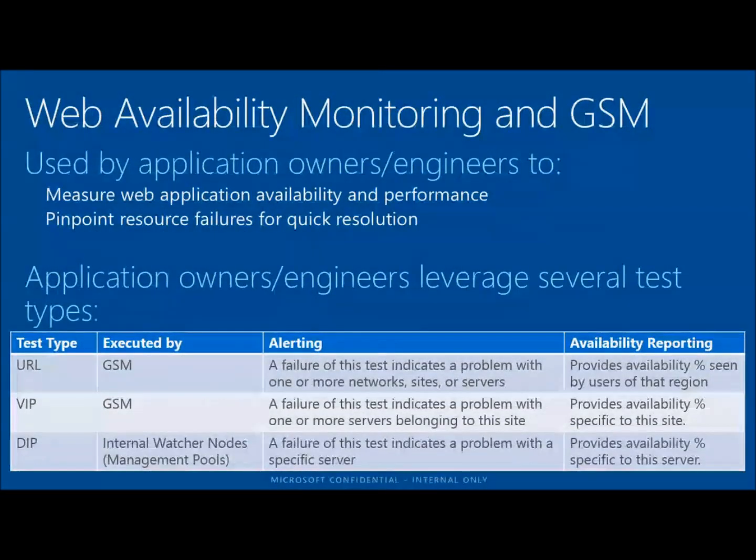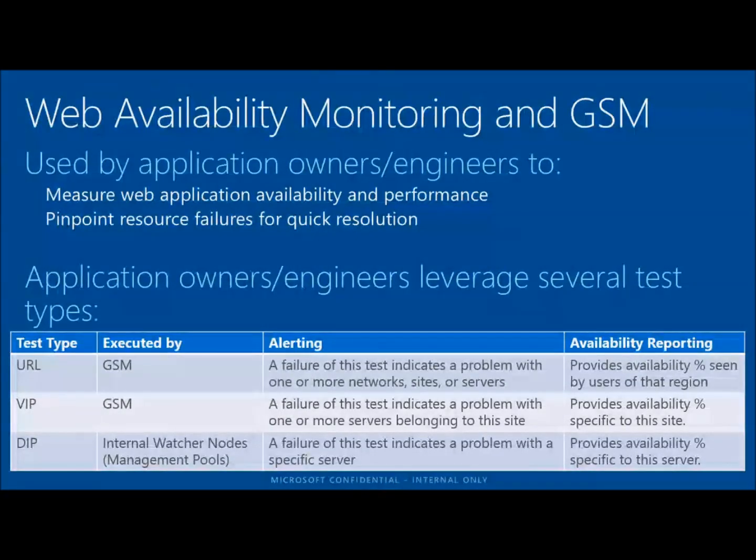As far as web availability monitoring in GSM, our customers, Microsoft.com, Windows Update, MSDN, TechNet, are heavily utilizing right now our custom solution as well as third-party solutions that we've implemented. As we look to implement web availability monitoring with GSM, we look at several different types of tests that they run. They run some base URL tests.